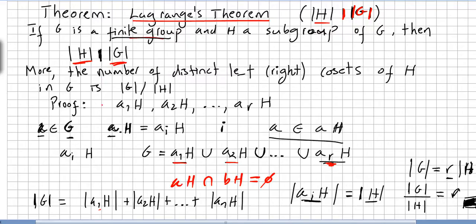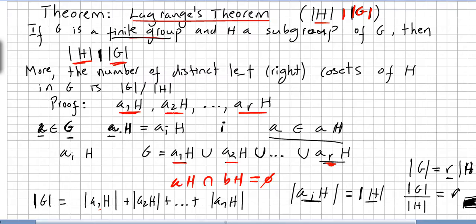So first we built the cosets A1H, A2H, ARH, right? But we saw in previous videos that cosets are equivalent.